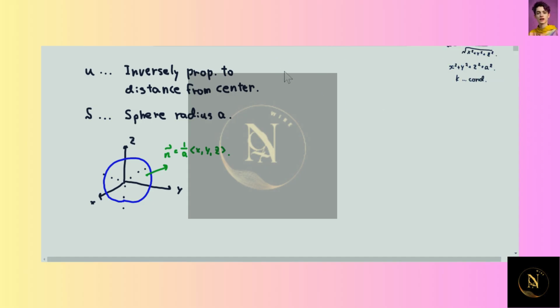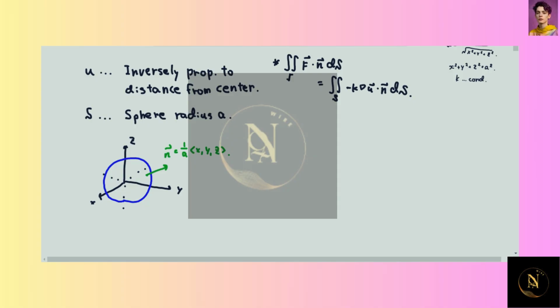Similar to the previous problem, we're going to figure out the flux, the integral of F dot n dS, which we also know is equal to the same integral of negative k del u dot n dS. So we already have negative k del u.